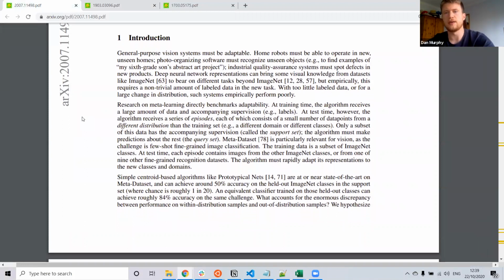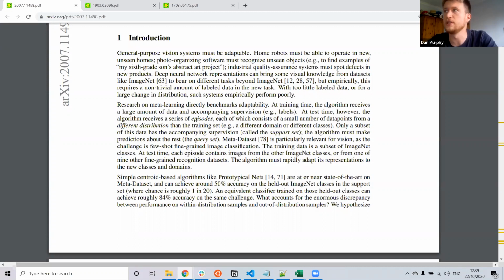The way this problem is framed is to talk about episodes. Each data set might be an episode, and a different episode indicates that you might have a different distribution for your data, a different set of classes.